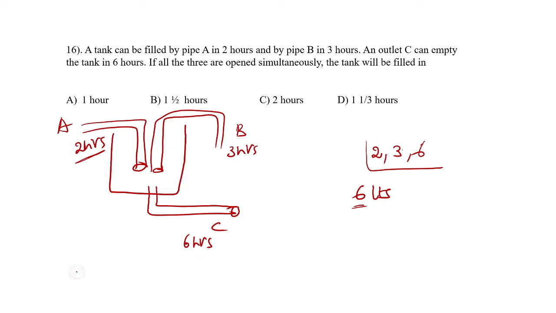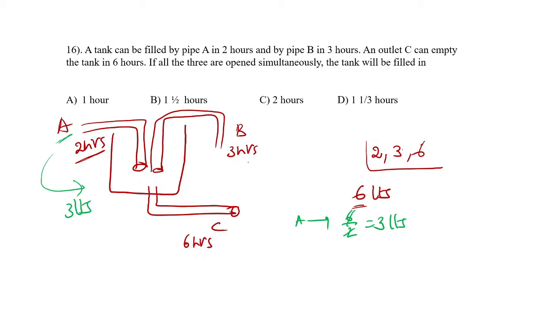Here pipe A can fill that entire tank in how many hours? 2 hours. Means pipe A, 6 by 2, means 3 liters per hour. Pipe A can pass 3 liters of water to this tank.